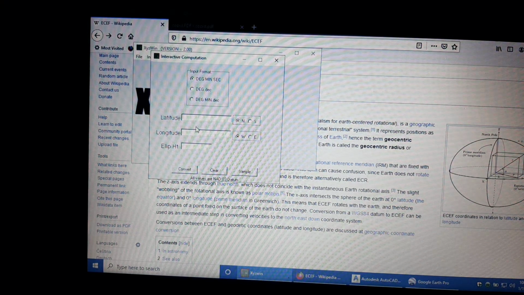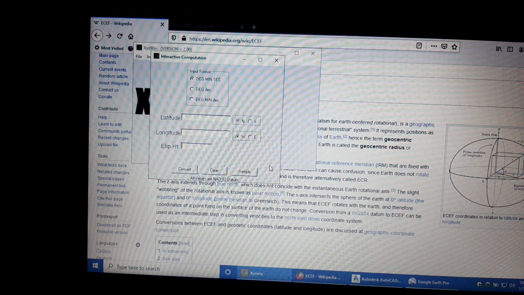So I put my Lat Long, which I already know, and then my ellipsoid height. I can just put the elevation. I mean, I really don't. You get your elevation and then subtract it from your geoid height, and then you come up with your ellipsoid height. But I didn't really have.